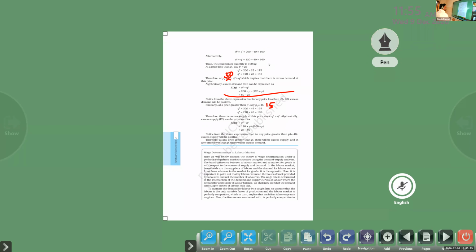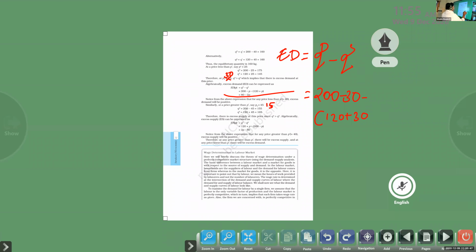Okay, so in the case of excess demand, what do we do here? Excess demand is equal to quantity demanded minus quantity supplied. Price is fixed, it is 30. So 200 minus 30 minus 120 plus 30. Clear?